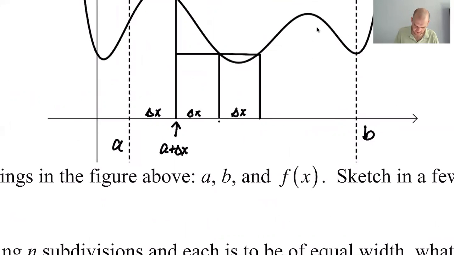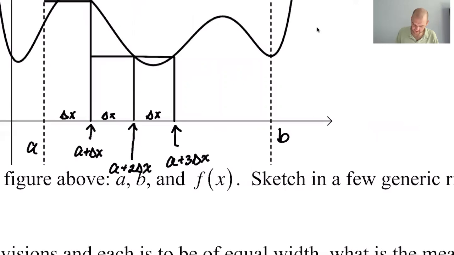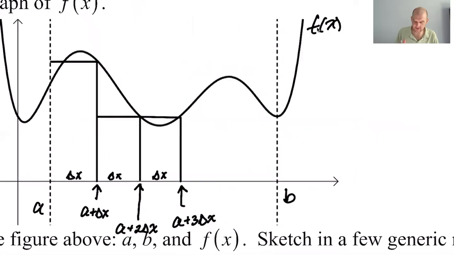The next one, in terms of a, is going to be at a plus 2 delta x, and then the next one at a plus 3 delta x. The final one, when you do a right Riemann sum, you always end up using that last value, so almost the same height as the previous ones.